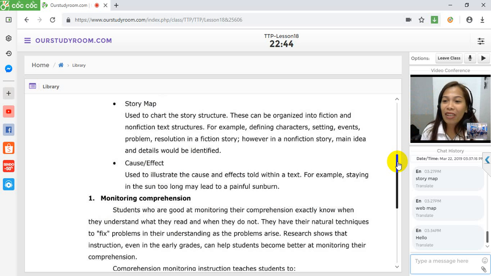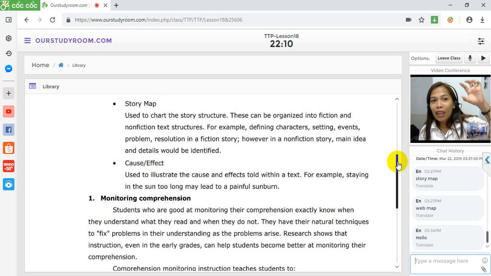So metacognition is thinking about thinking. Your students can do this if they are in the higher level of primary school. They can check their own speed in reading. For example, they are reading a story and it is very long, and there are a few words that they cannot understand.